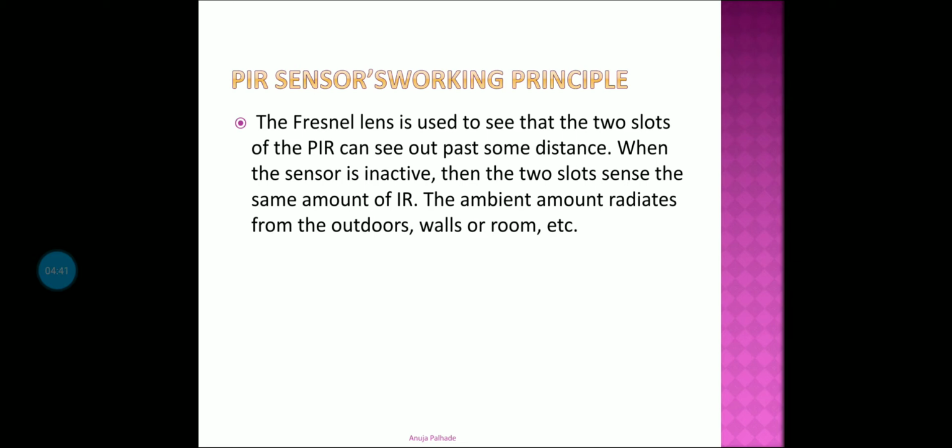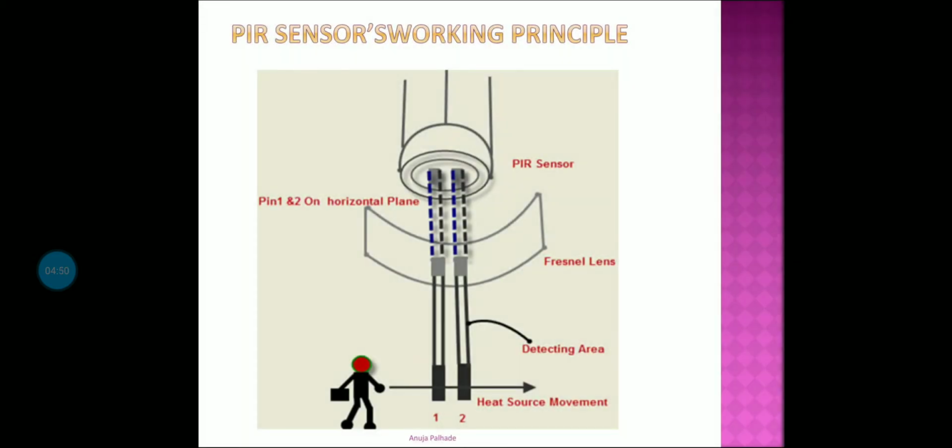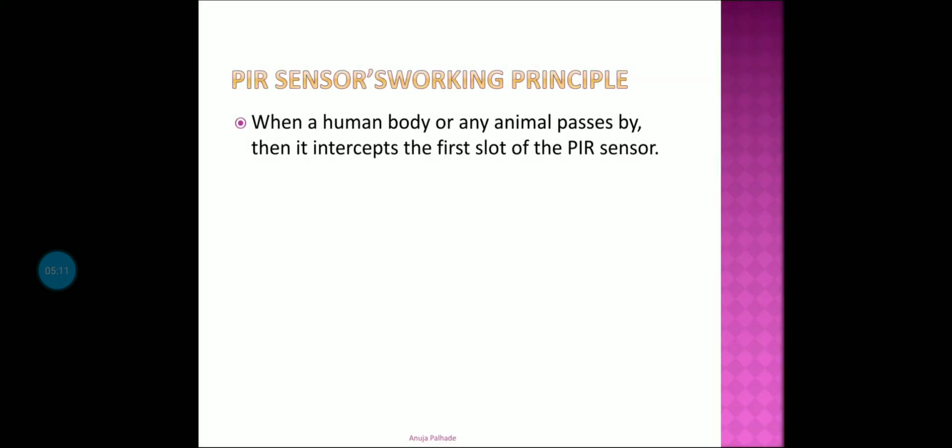When the sensor is inactive, the two slots sense the same amount of infrared, the ambient amount radiated from the door, wall, etc. So this is the image, and you can see here the Fresnel lens and the detecting area, and the heat source movement. If a human body is passing through that area, the human body is continuously radiating some heat, so that is going to be sensed by this kind of passive sensor.